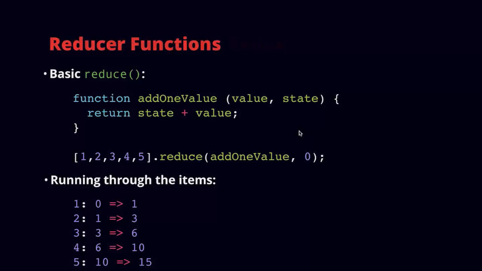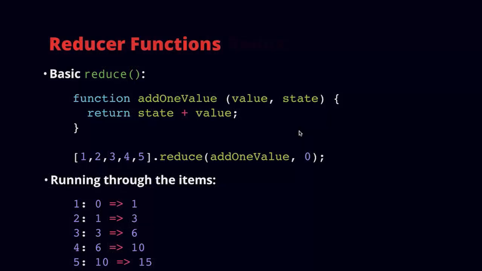And then the second argument is the state. So the state is something that gets passed on from one call to another. In this case, the second argument to reduce is the initial value, but in the subsequent calls, the state will be the return value of the previous invocation.